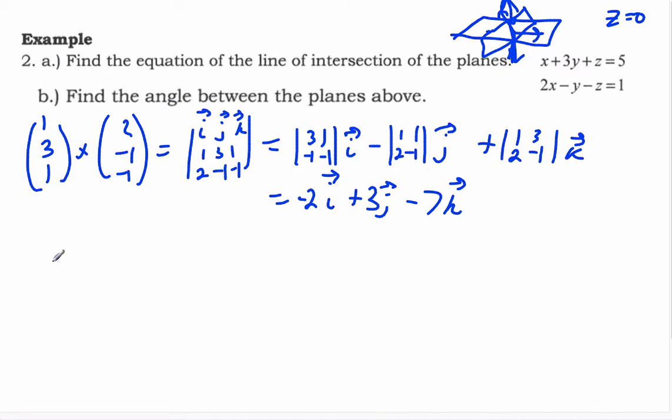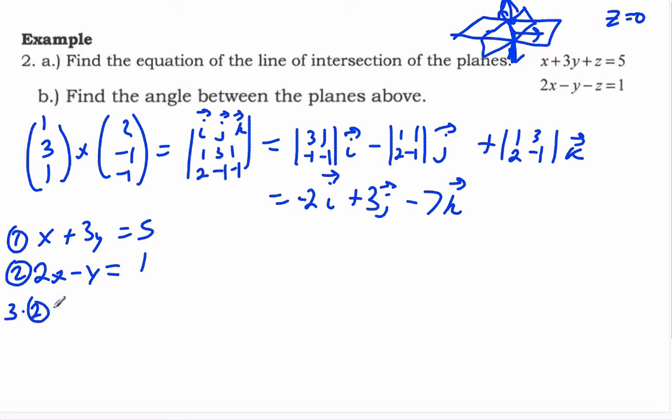Okay, so if z equals 0, we've got x plus 3y equals 5 and 2x minus y equals 1. I'll call this equation 1, equation 2. And I'm going to multiply equation 2 by 3. So I'll get 6x minus 3y equals 1.